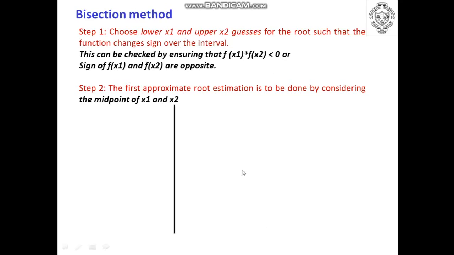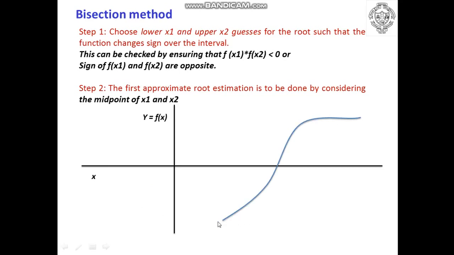Now we will consider one example. Let us assume that the x variable is plotted on the x axis, and on the y axis the respective function of x, that is y equal to f(x), is plotted. Now let us consider this curve or response as y equal to f(x).